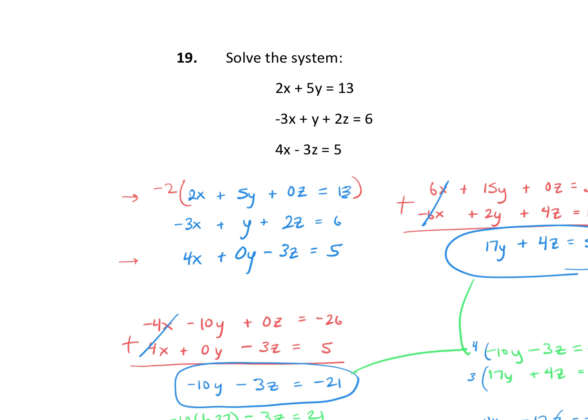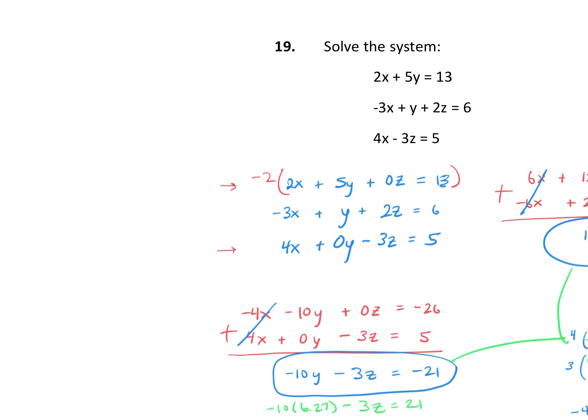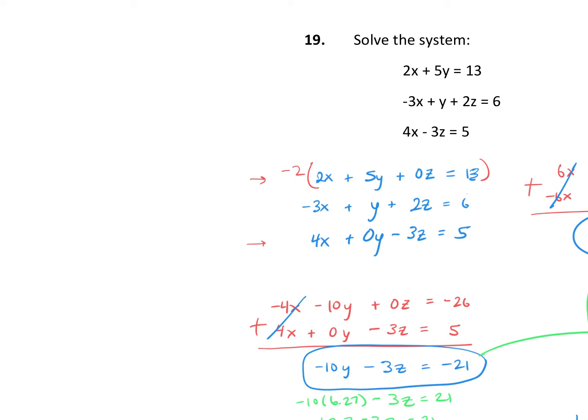So our equation is 4x, we don't know the x, plus 0 times, I don't really need to plug in the 6.27 because 0 times anything is 0, but I will, minus 3 times negative 27.9 equals 5.